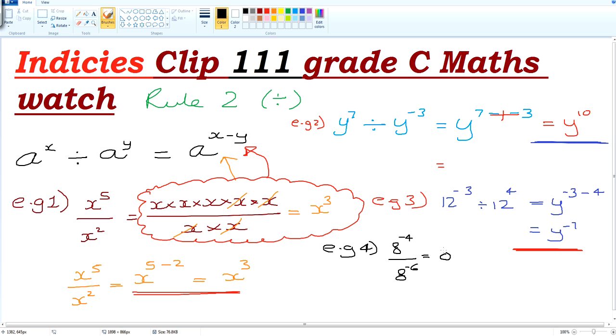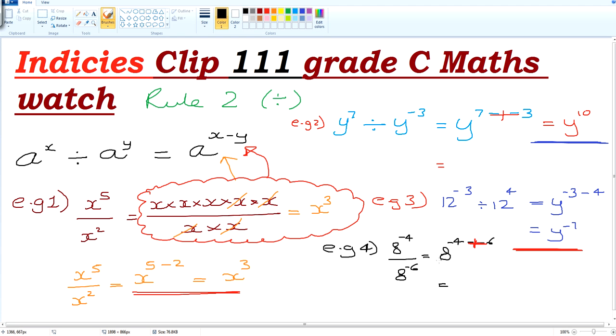What do we do now? It's the first index, because they're both the same base. So first index minus the second index. So those second two minuses combined to become a plus. Not the first one. The first one stays as it is. Don't change the first one.